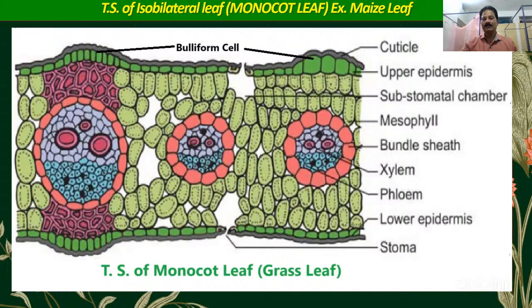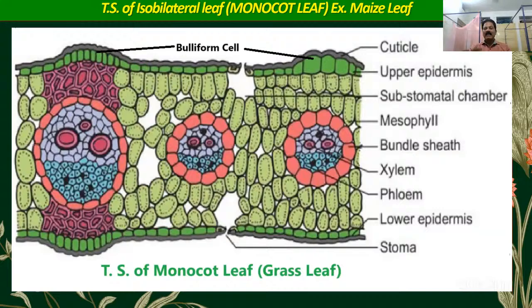This is about epidermis. Next, mesophyll. Mesophyll is the part of the ground leaf, which is simple, a green color parenchyma. In dicot, palisade and spongy tissues were there, but in monocot, a similar type of cells are there.